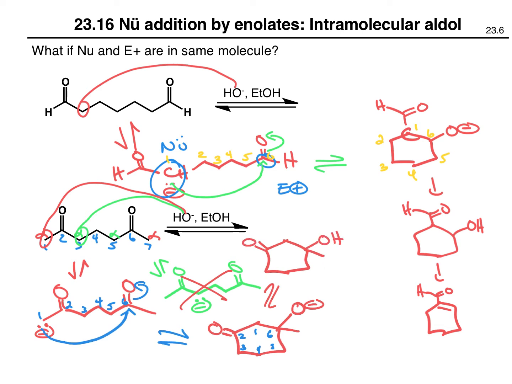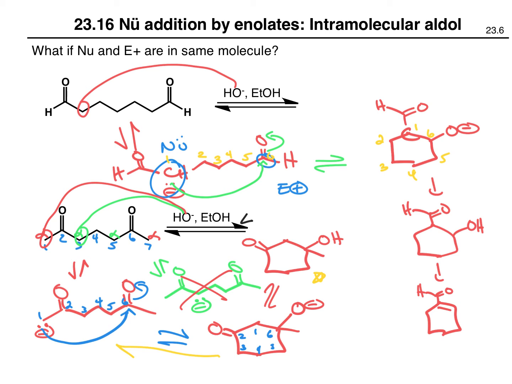Keep in mind, however, that because we are talking about nucleophilic addition to a ketone, the position of this equilibrium lies toward the starting material. So if this was carried out under very mild conditions, so at low temperature, we would isolate only a very small amount of this product.